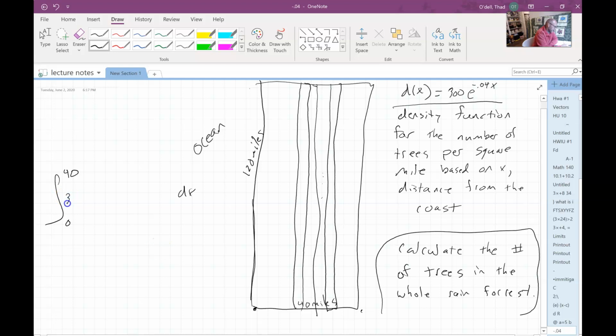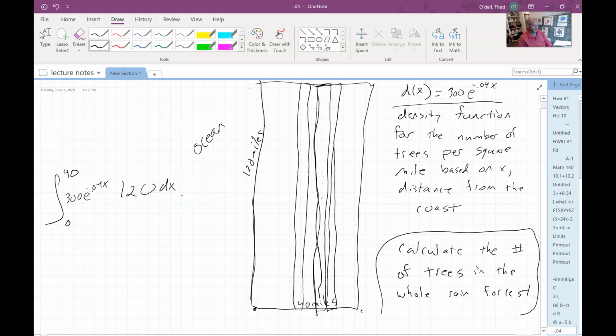So we're definitely going to have the 300 e to the negative 0.04x. Then we multiply that by the square mileage of the strip. The strip, in this case, is just 120 by a little change in x, and that's where the dx comes in.